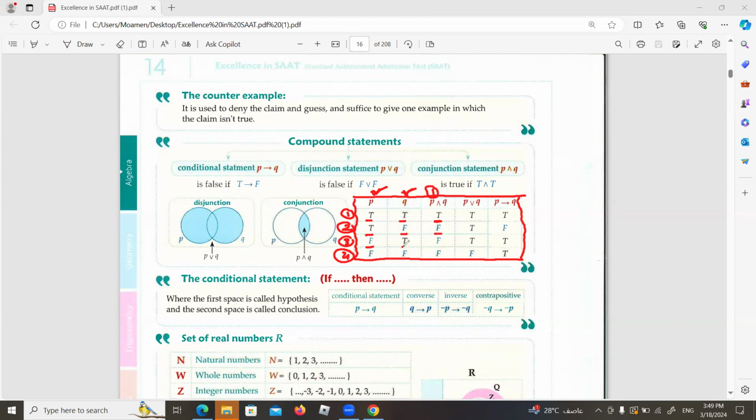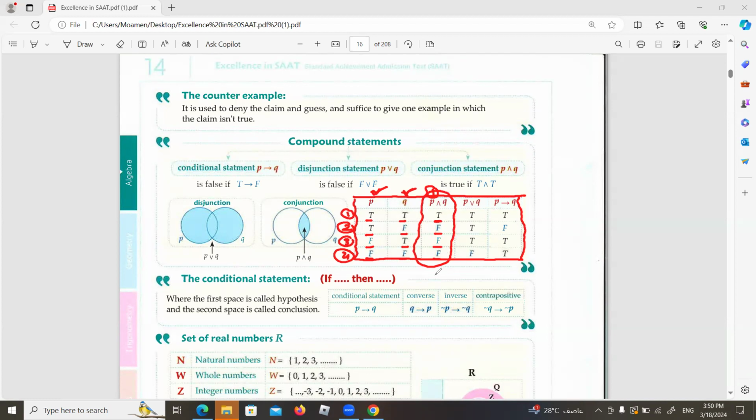If we have false and then true, it will be false. If we have false and false, it will be false. So in the conjunction, the relation is true only if the hypothesis and the conclusion are both true. If you have true and false, or false and true, or false and false, it will be false.